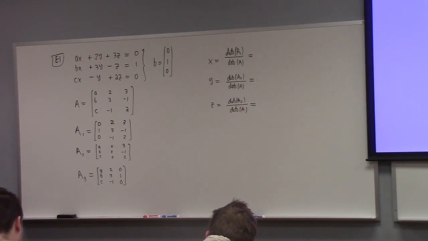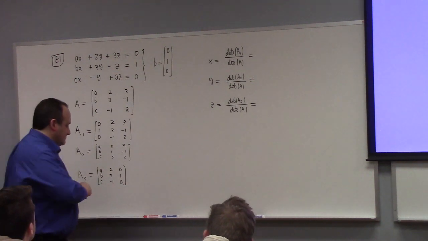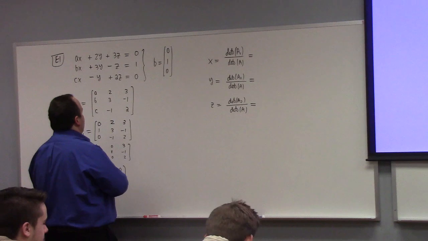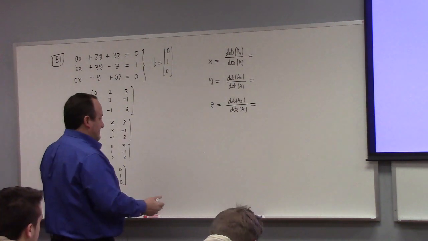So what are those? You guys help me out. What's the determinant of A? You guys can make me calculate? Let's see here. I guess I'll do it down here.